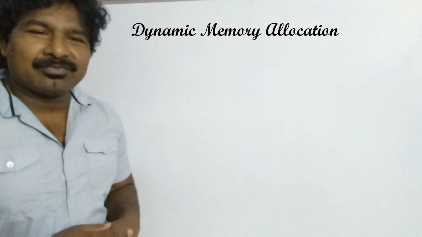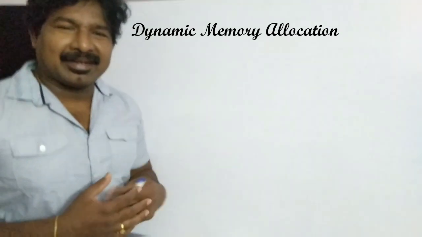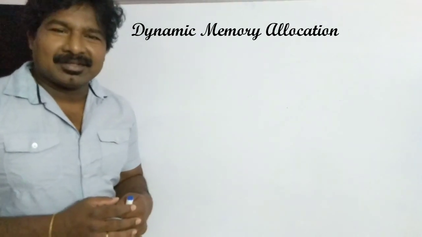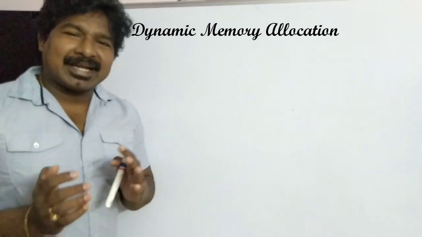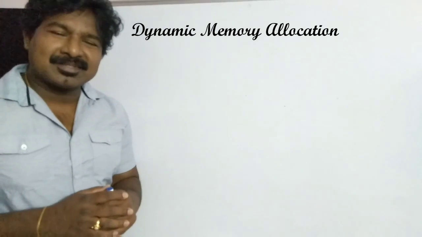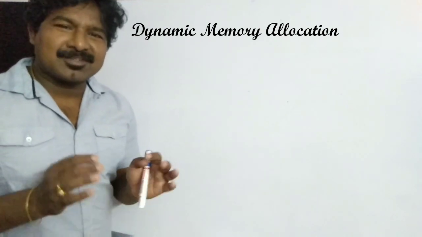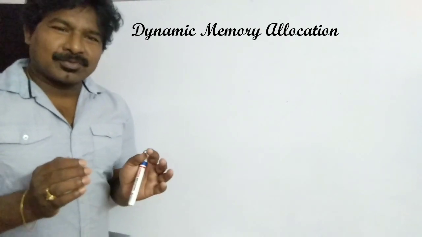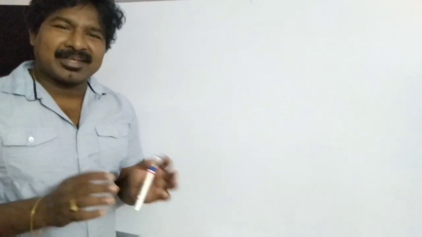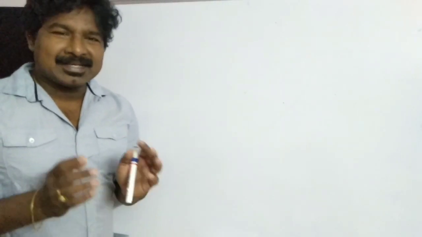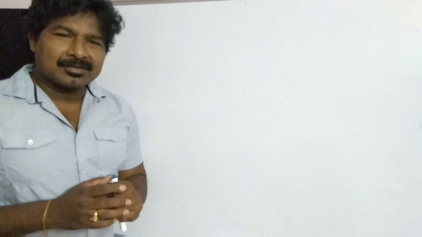We know that whenever we create a variable or an array or a structure, that will be a static memory allocation. That means we need to fix the size of the array. You cannot increase or decrease the size of a static array. I'll show with an example.